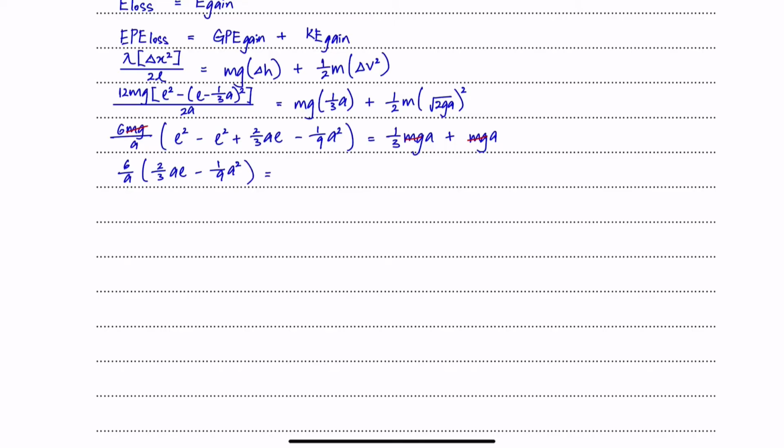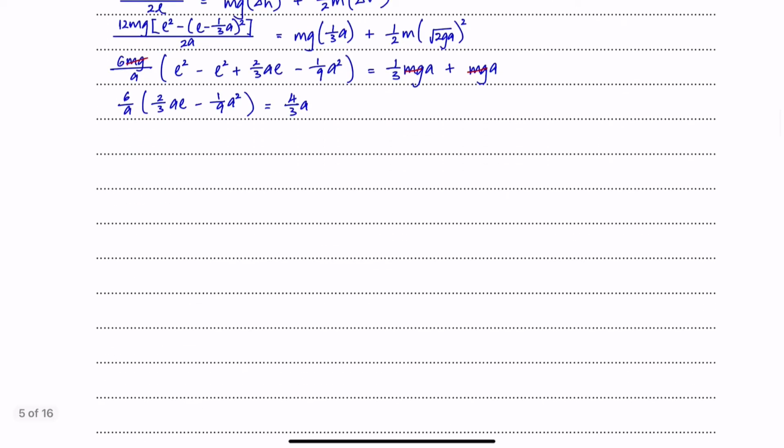And on the right side, we have 4 over 3 a. So now we move this a over there. Oh, sorry, we don't have to move it over there. We can just cancel off this, right?